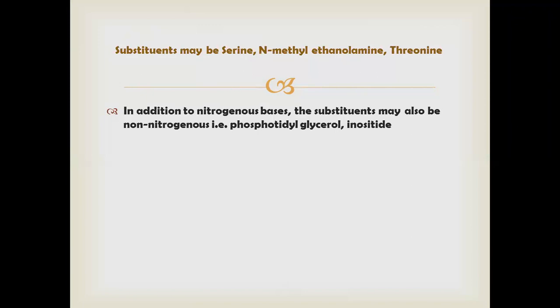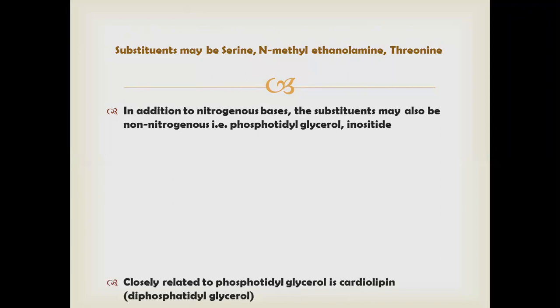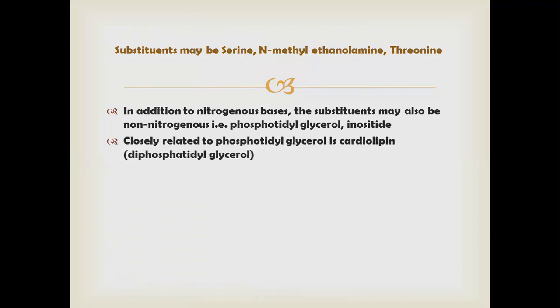So not only the nitrogenous bases, but other than the nitrogenous bases, they can also be attached at that site, and whatsoever group will be attached over there, we will name them accordingly and they will perform the concerned function.